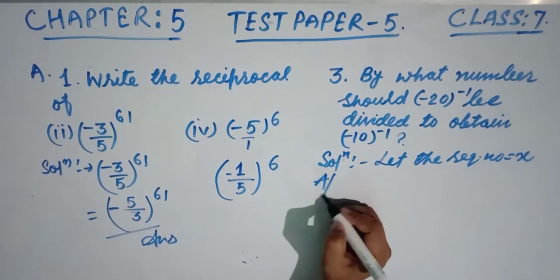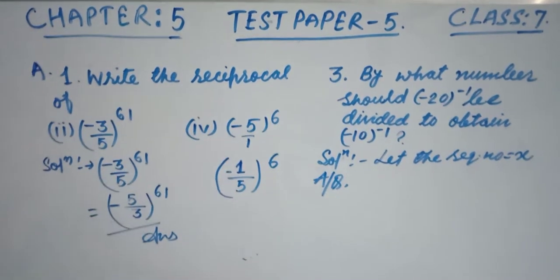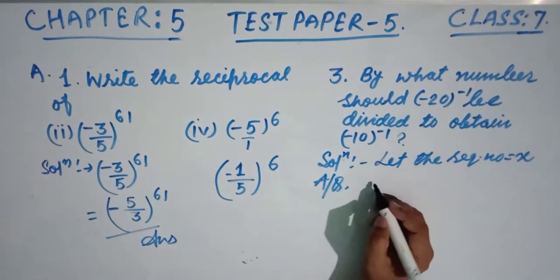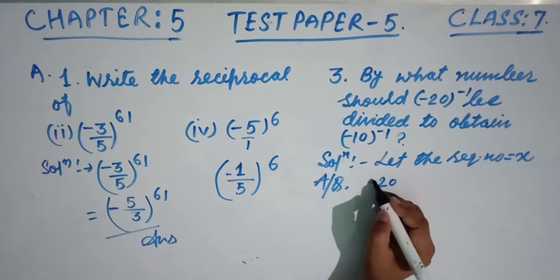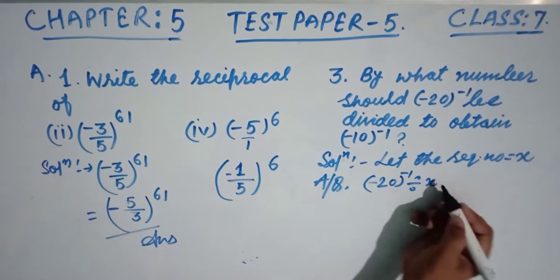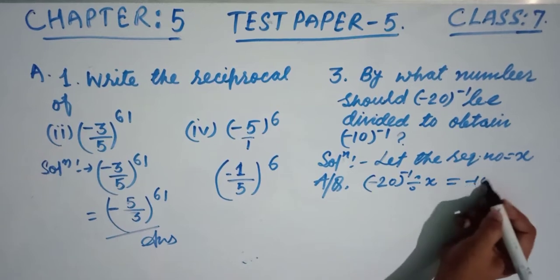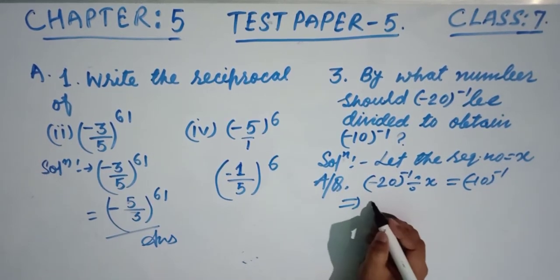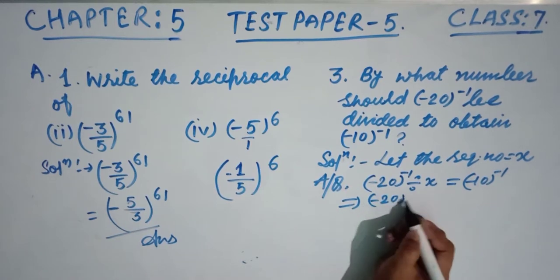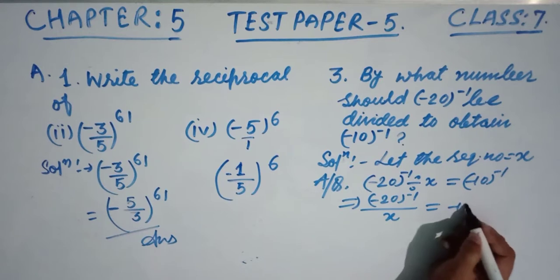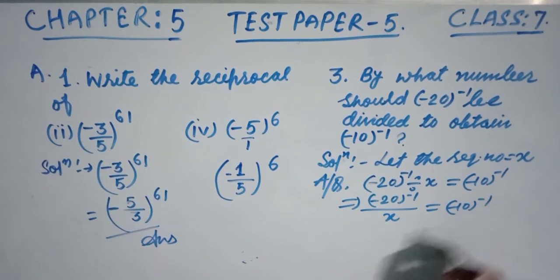Then according to the question, minus 20 raised to the power minus 1 divided by x is equal to minus 10 raised to the power minus 1.